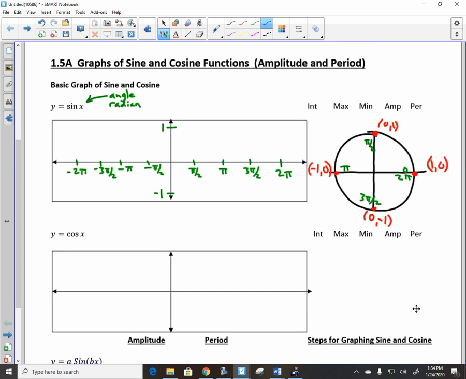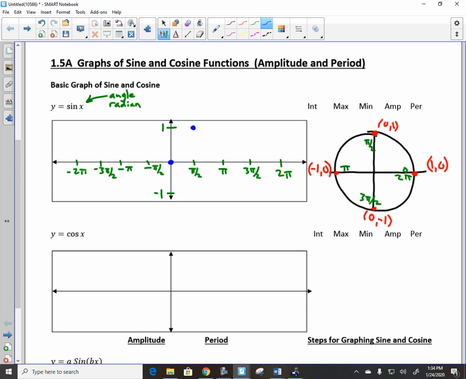And now I'm going to start to plot points. At 0 radians, what's the y value? 0. At pi over 2 radians, what's the y value? 1.